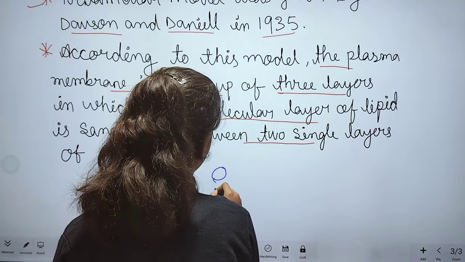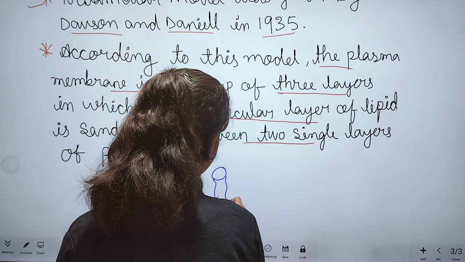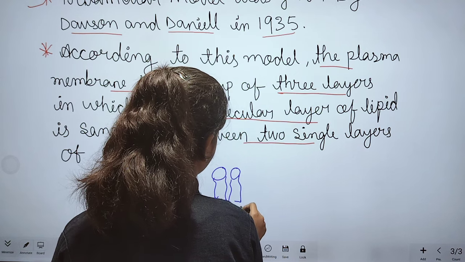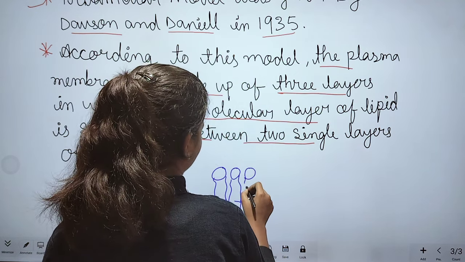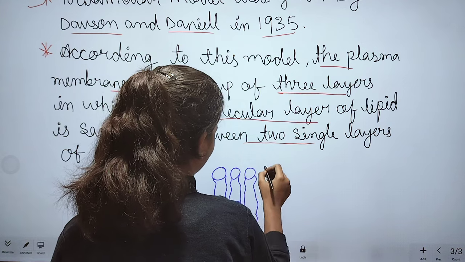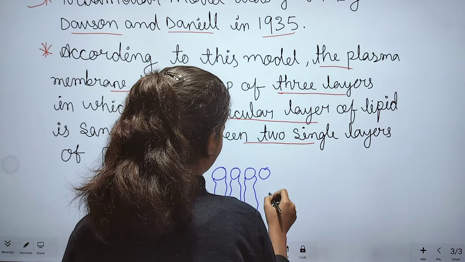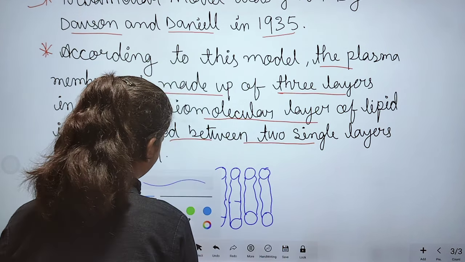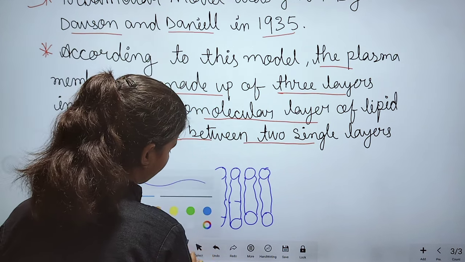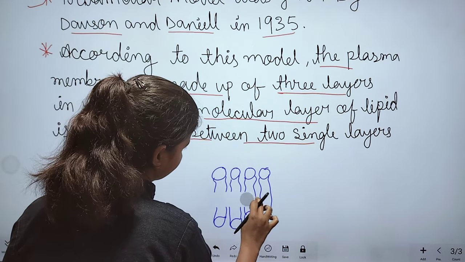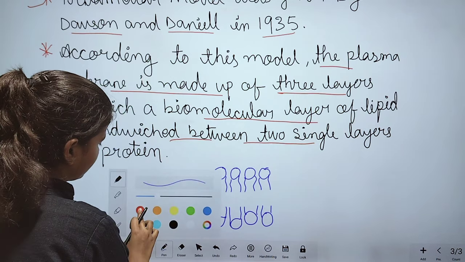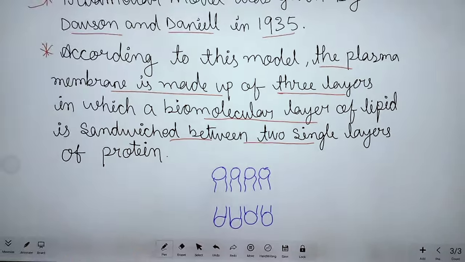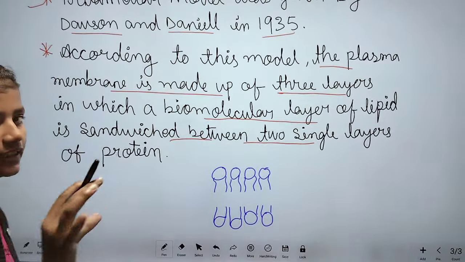This one is the bimolecular layer of lipid, and this bimolecular layer is sandwiched between two single layers of protein.